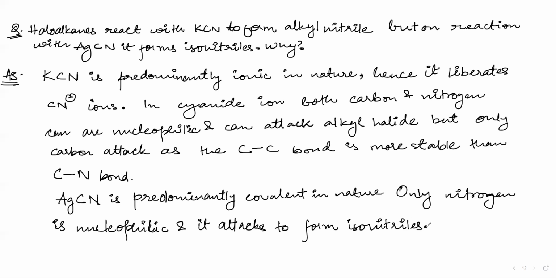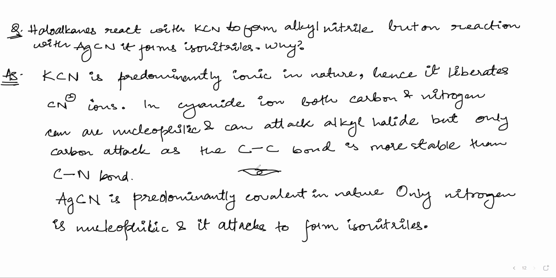Okay, please write this down. The bond is more stable because it has more covalent character. The C-C bond has more covalent character, and also remember, whenever we have a bond, there is overlapping of orbitals.